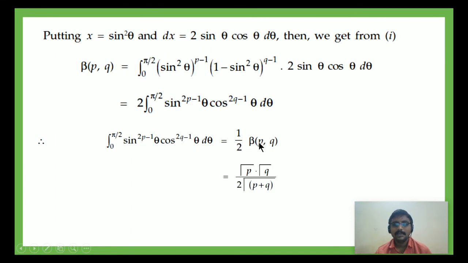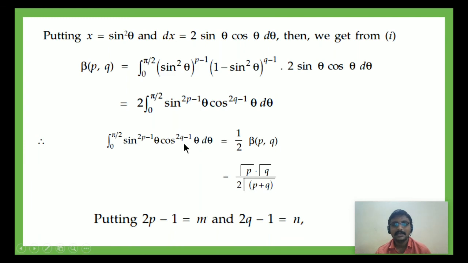So beta of p comma q is gamma of p into gamma of q by gamma of p plus q. Now putting 2p minus 1 as m and 2q minus 1 as n, that means p is m plus 1 by 2 and q is n plus 1 by 2.